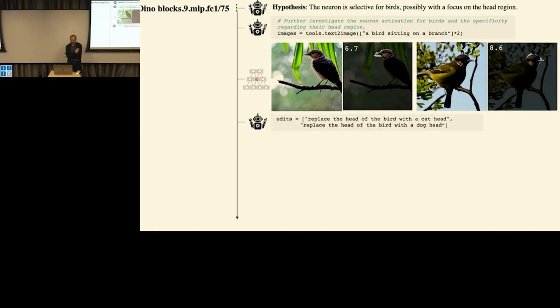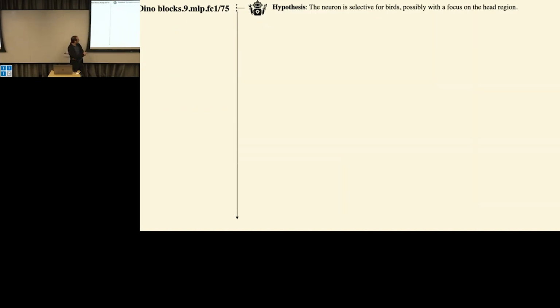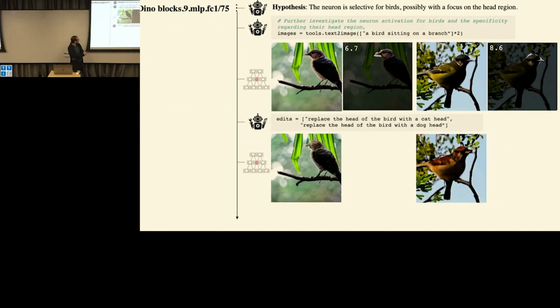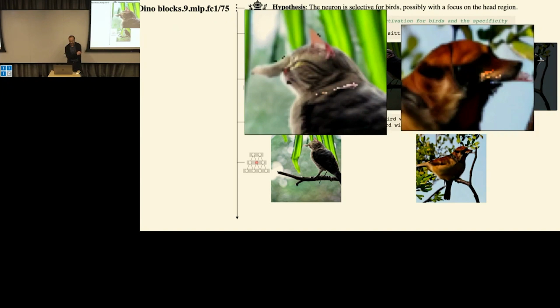Let's replace the head of the bird with a cat head, and the head of the bird in the second image with a dog head. Now it's going to get a little bit scary. Here are the results. So these are the two images that it created. Just to show you the actual thing, let's zoom in. Here are the actual pieces of the head.